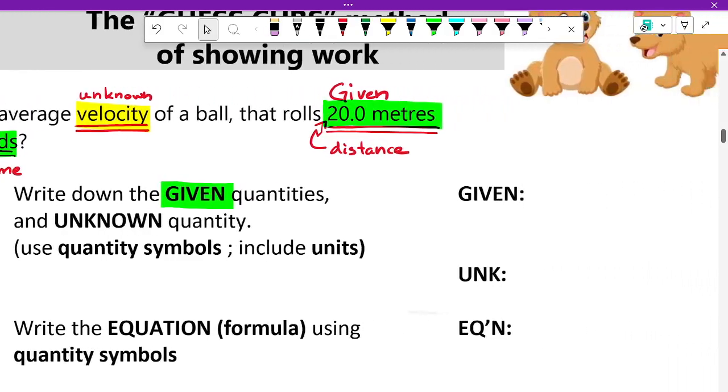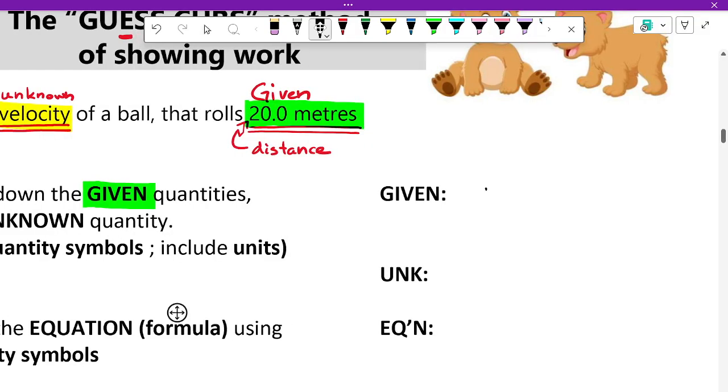We write d equals 20.0, and because it says 20.0, we're going to write 20.0. And then we don't write meters because that takes too long. We're just going to write the symbol m. So that's one of our givens. Distance is given to us, and we write d equals 20.0 m.